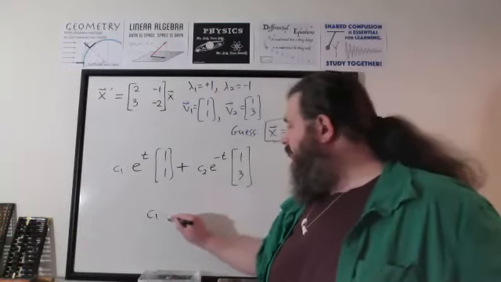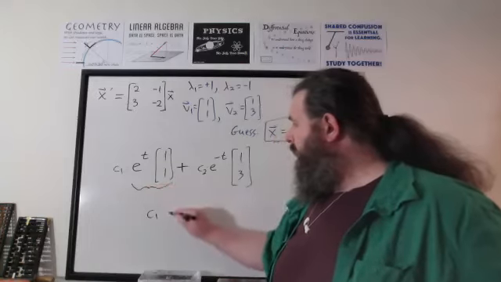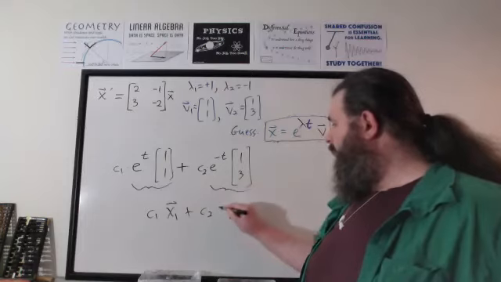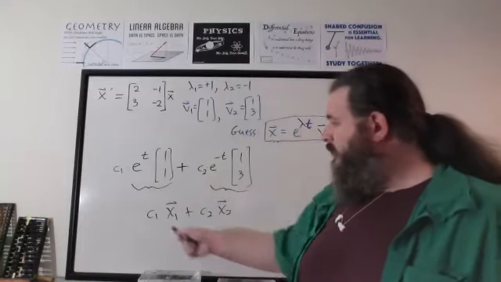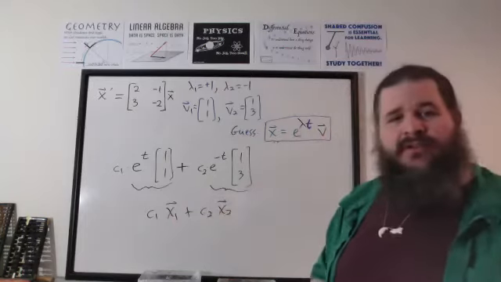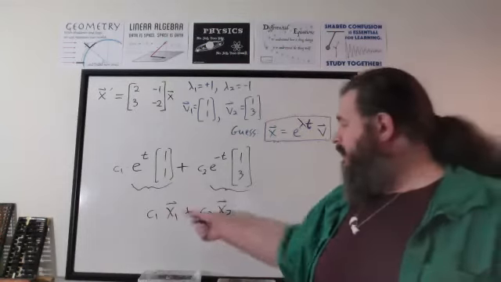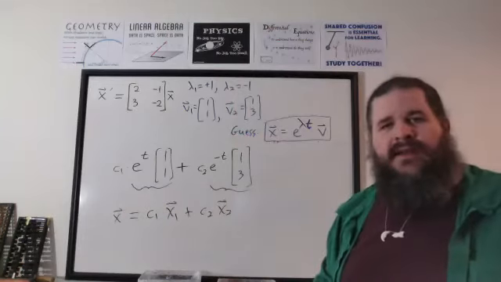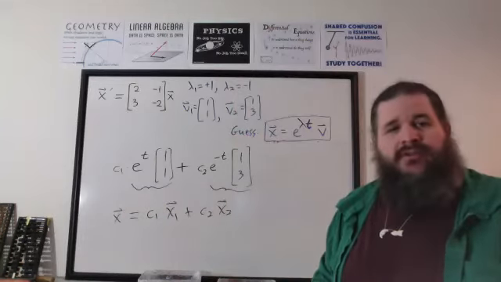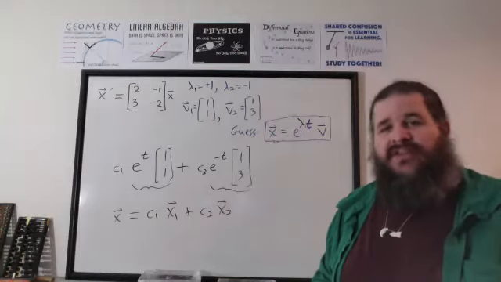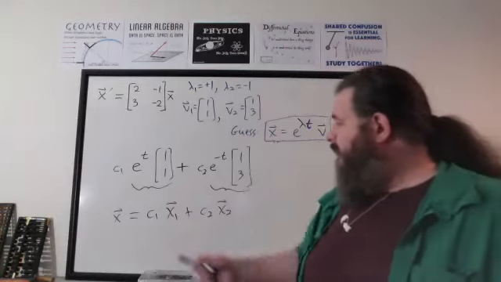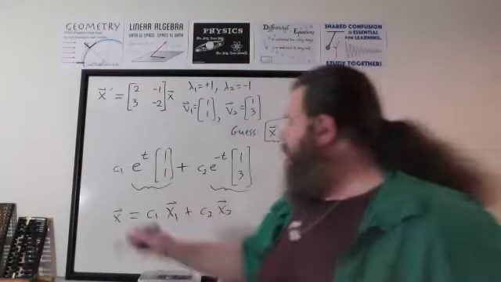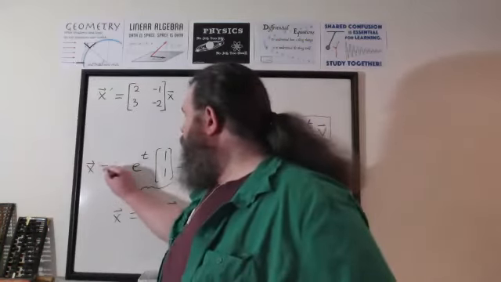We've got C1 times this whole thing, let's call that x1, plus C2 times this whole thing we would call x2. So we're using these two specific solutions, x1 and x2, linear combinations of those form the general solution. So in general, you can find the general solution of the differential equation, or rather the system of differential equations, by finding all linear combinations of the individual solutions we just found. So this then is our general solution.